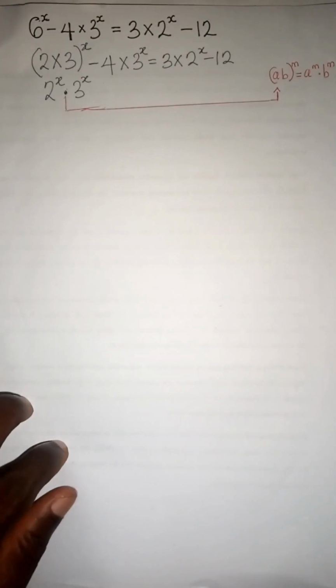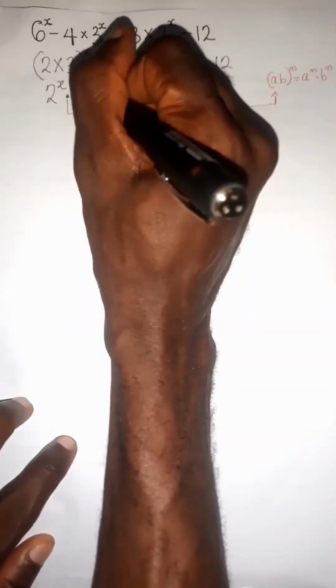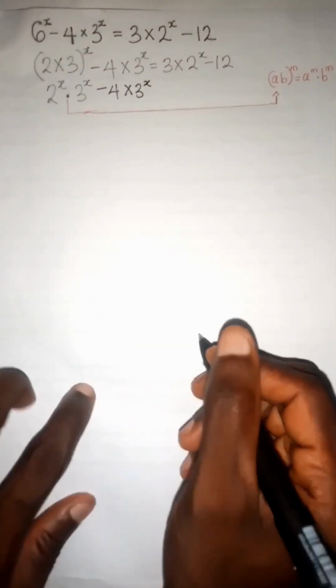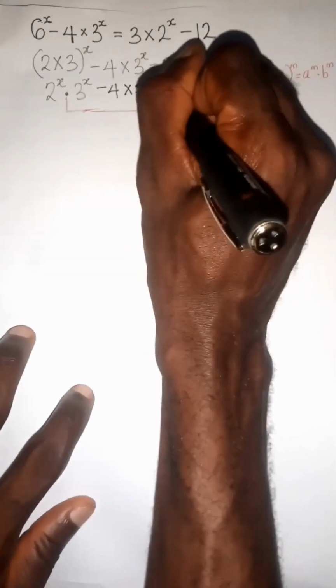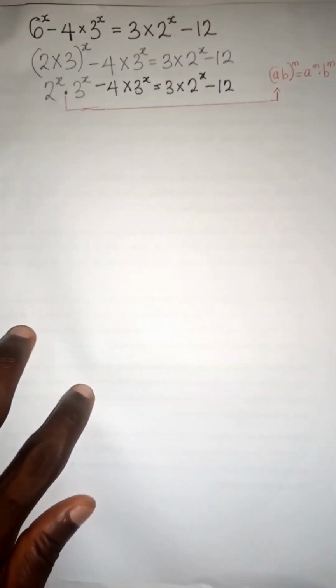So having expressed that in that form, we have minus 4 times 3 to the power of x, completing the left-hand side, which equals 3 times 2 to the power of x minus 12.